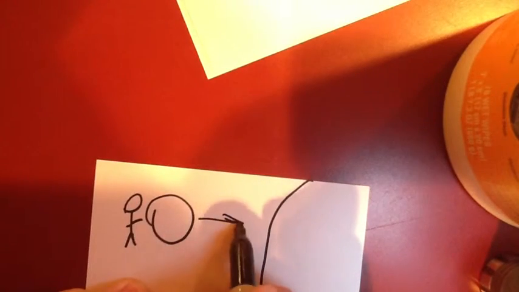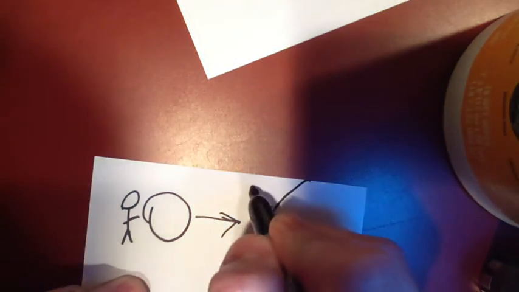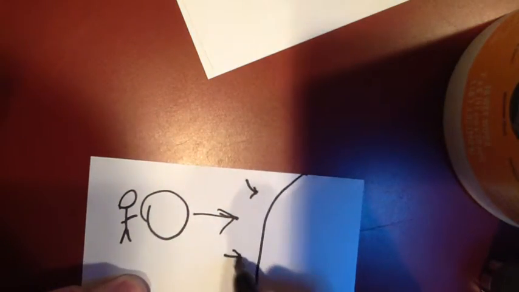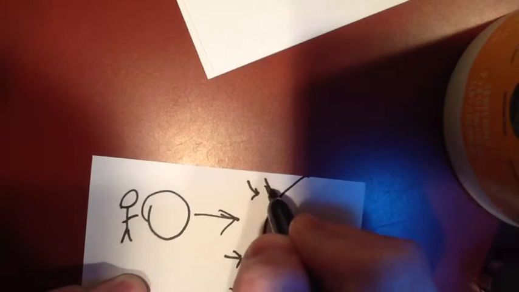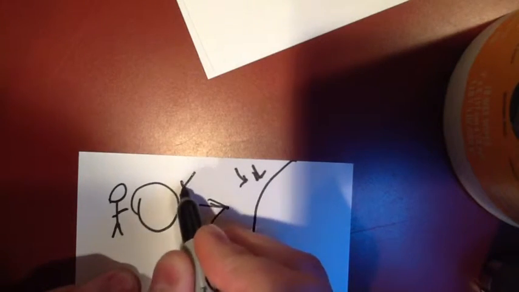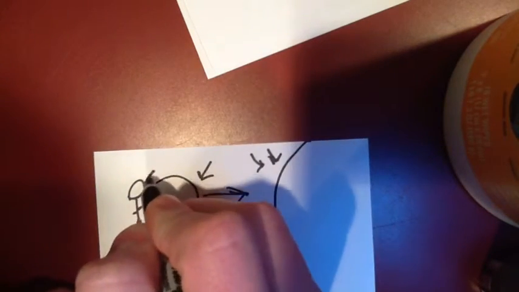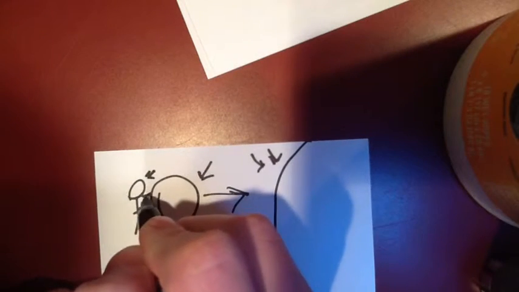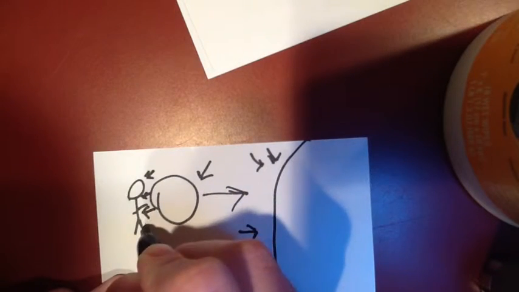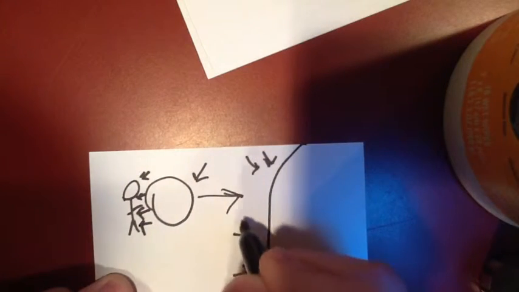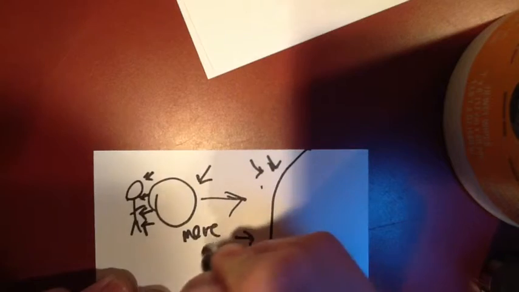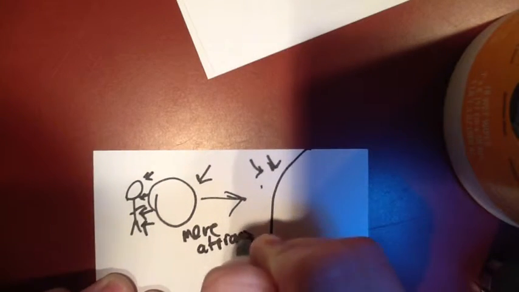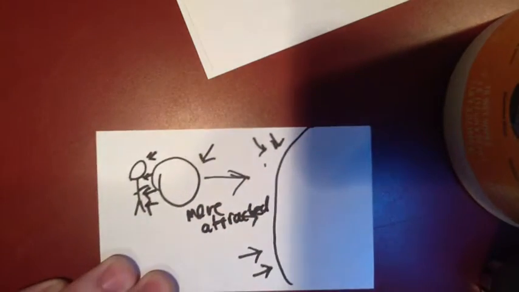The gravitational pull from the wall, since they are in space, is greater than the gravitational pull from the man. Therefore, when he throws the ball, it will remain at the wall because the gravitational pull is larger than the man.